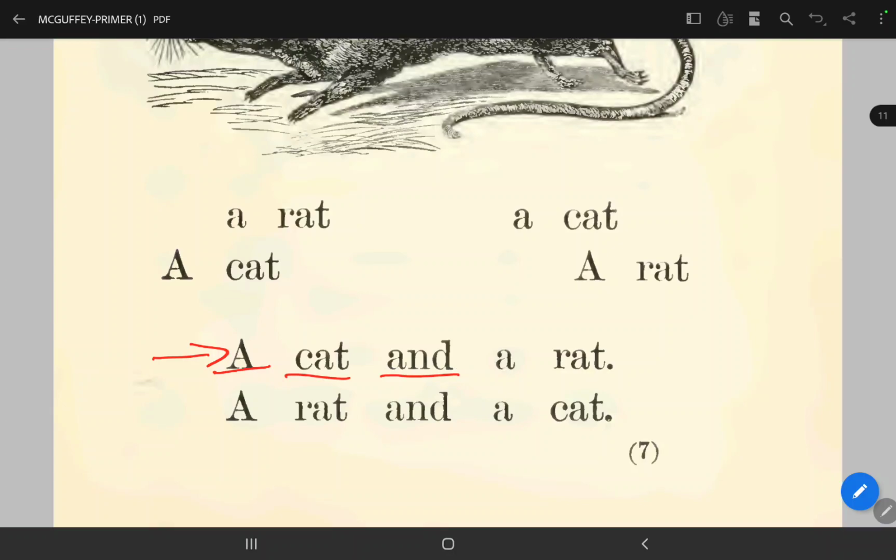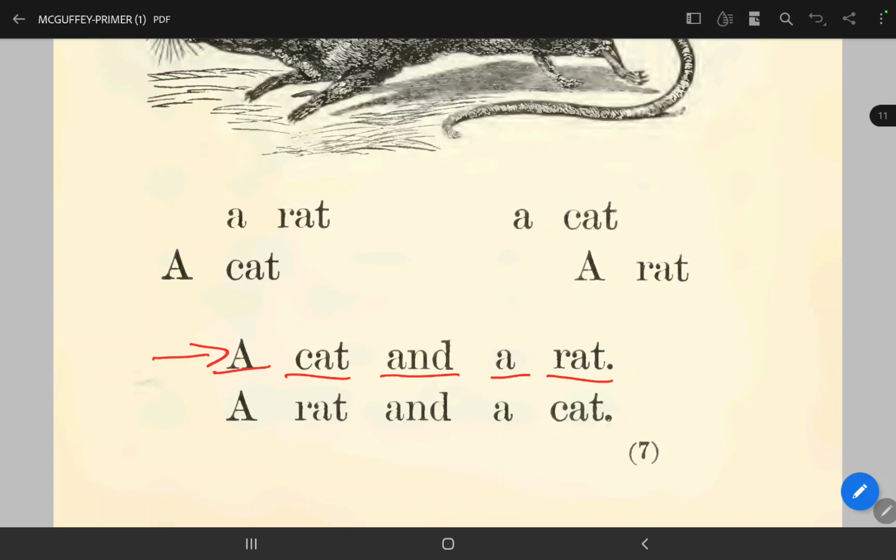A, cat, and then you have your one-letter word, A, and the last word, R-A-T. Let's sound that out again. The English R says R. That English short A says A. Ra. And I'll put the classical T at the end.